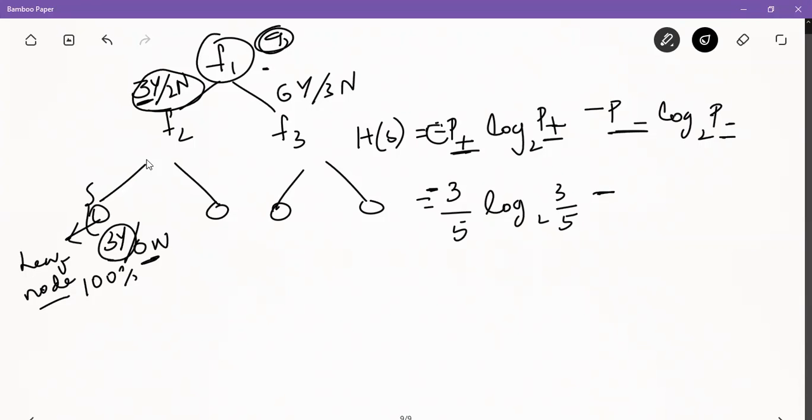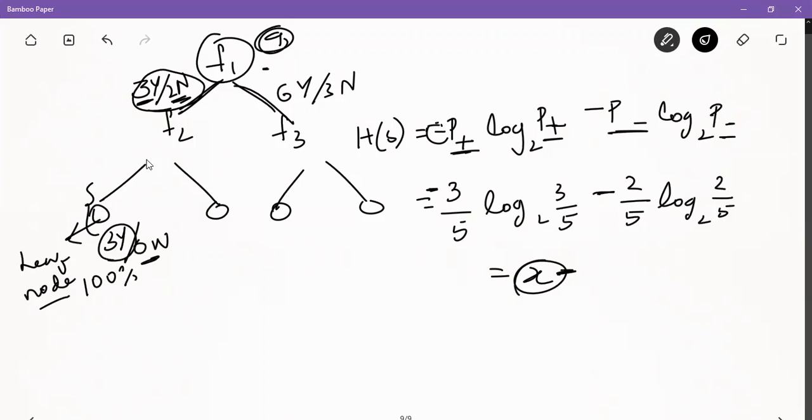How many negative classes? 2 negative classes. 2 by 5 log 2, again 2 by 5. That will give you a certain answer, let's say x. And this answer will help you make the decision of how to split these classes.